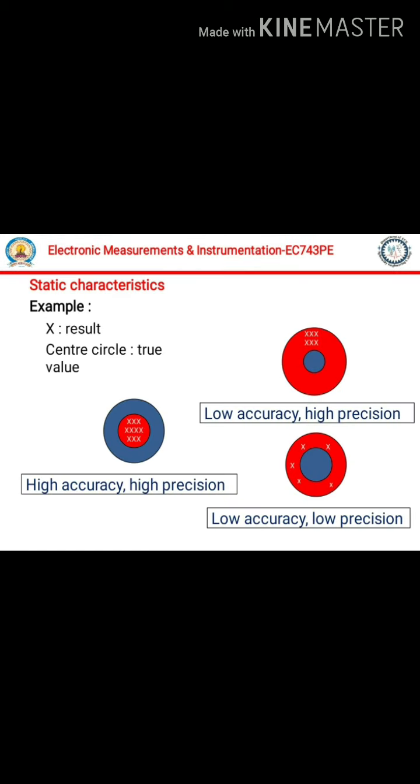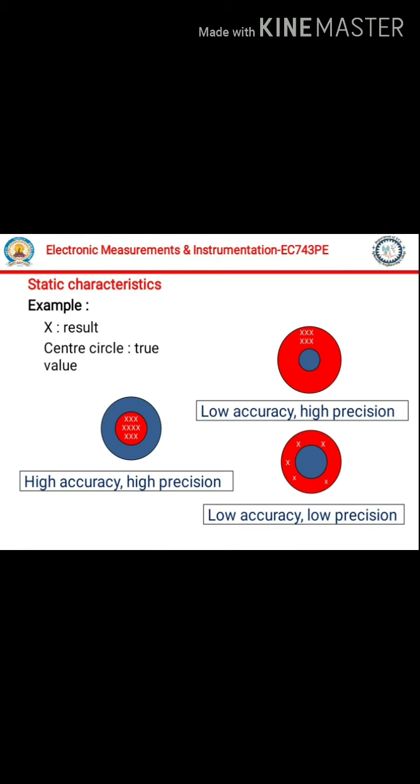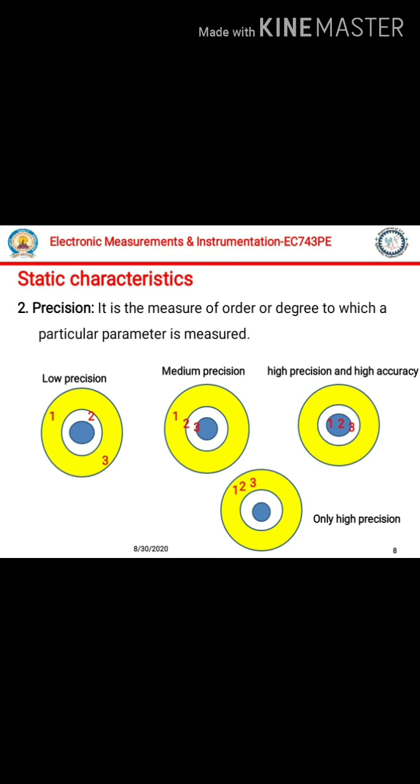In the second diagram, the first, second and third readings are very close and in line with each other. In the third diagram, all three readings are very close to each other. So when you repeat the experiment, how close the successive readings are to each other defines the precision.